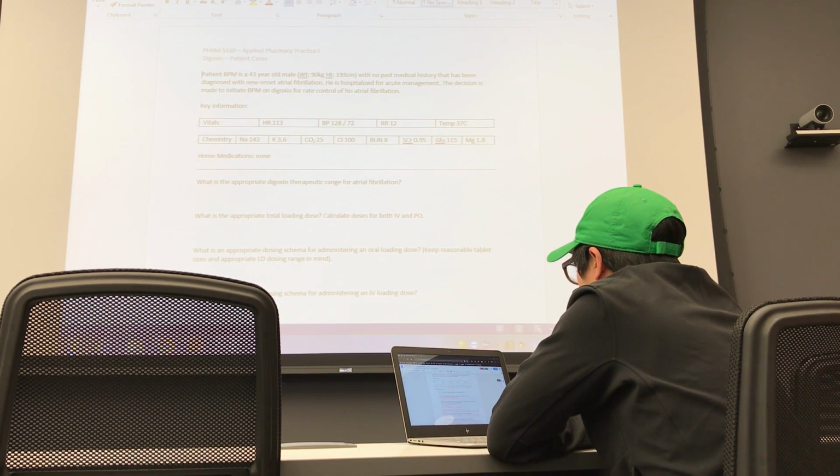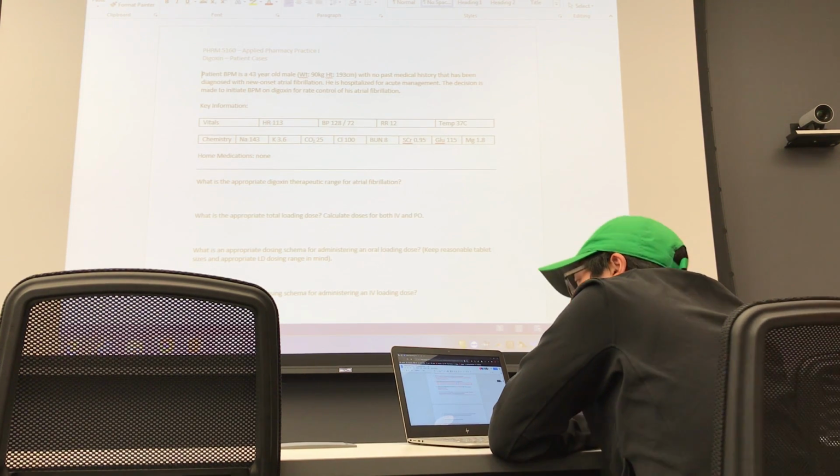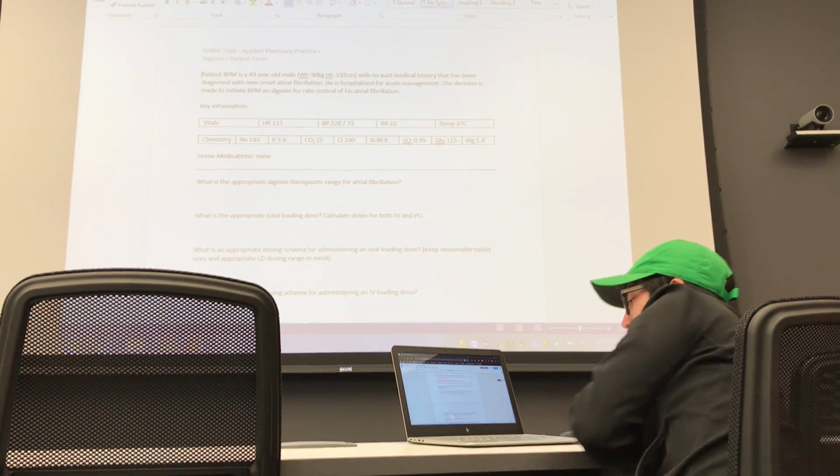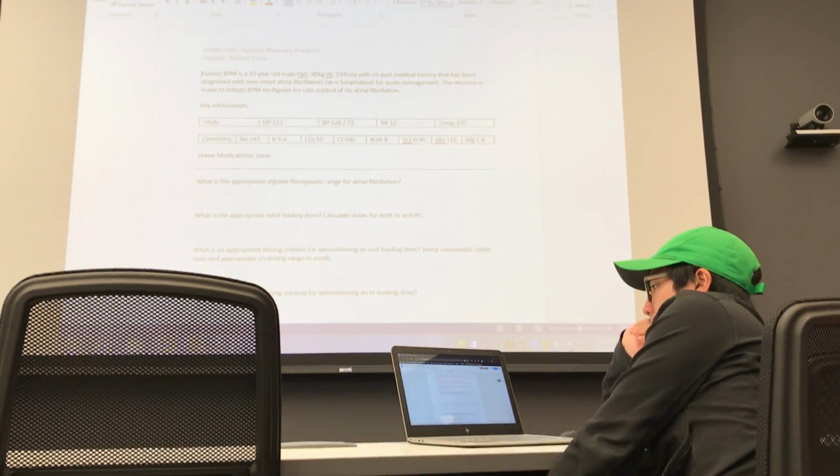All right. He got his first dose at 8 in the morning, followed by his next 2 doses at 2 and 8 p.m. When would you check the initial level? And why?